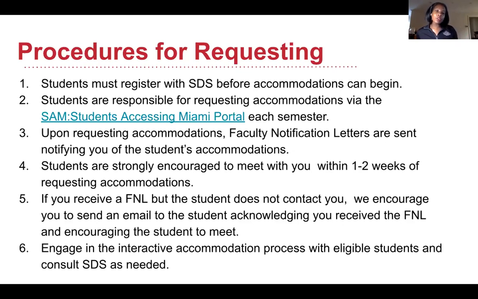Identity first language is really focused on embracing disability, seeing it as something that should be celebrated, versus person first language, which emphasizes focusing on the person and the multiple identities that they have versus only focusing on the disability. We tend to defer to personal preference when we are working with students.